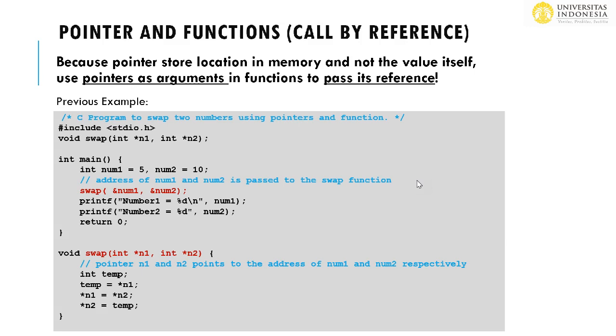So, do you still remember that there are two ways to pass arguments to a function, right? The first one is pass by value, and all the examples shown in the previous lectures are only pass by value. Now you can pass an argument to a function by reference. You call it call by reference or pass by reference.